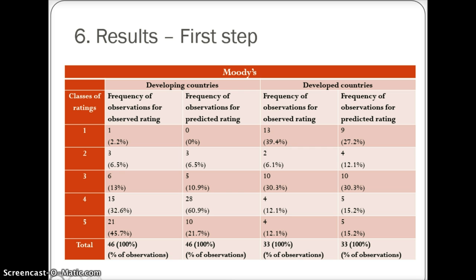If we compare the table of S&P with the table for Moody's, we can think that both agencies take different factors into account for developing and developed countries. Moreover, Moody's makes a higher difference between developing and developed countries than S&P.